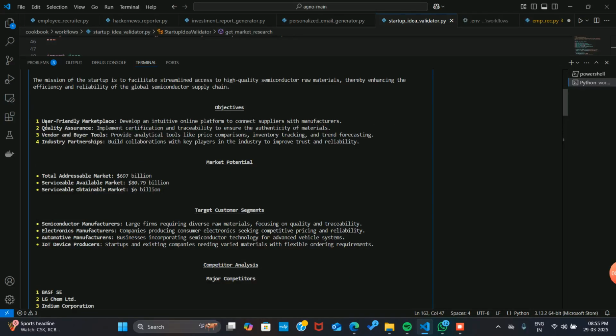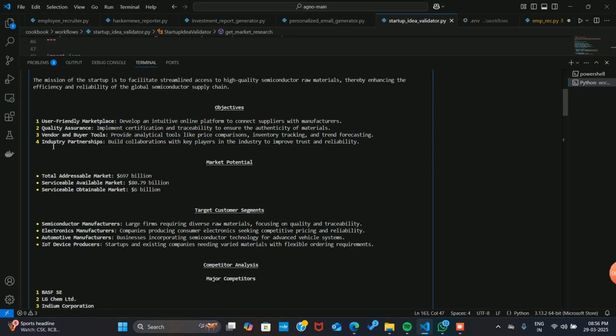Objectives. First, a user-friendly marketplace, and then the implementation of certification and traceability to ensure the authenticity of material. That quality assurance part is of prime importance because this is one way you're going to get people to trust you.